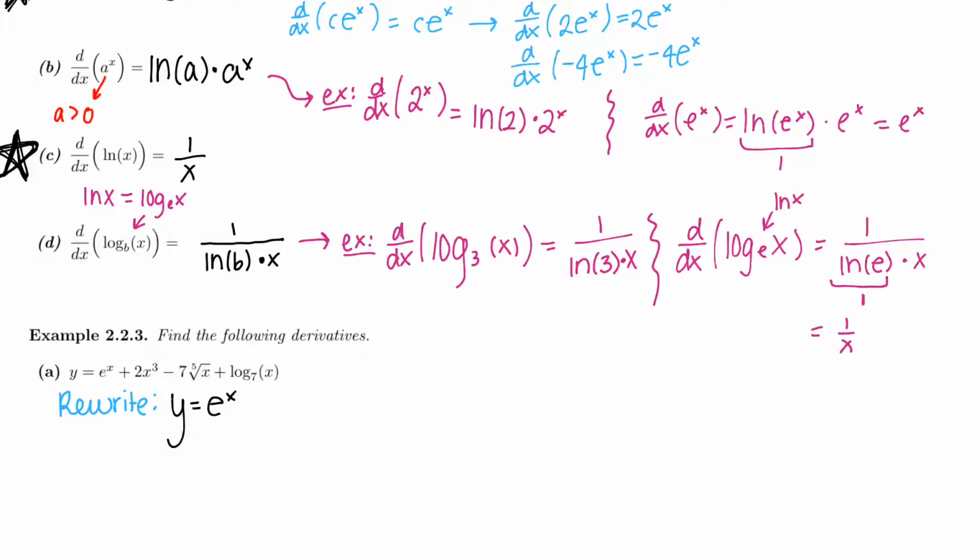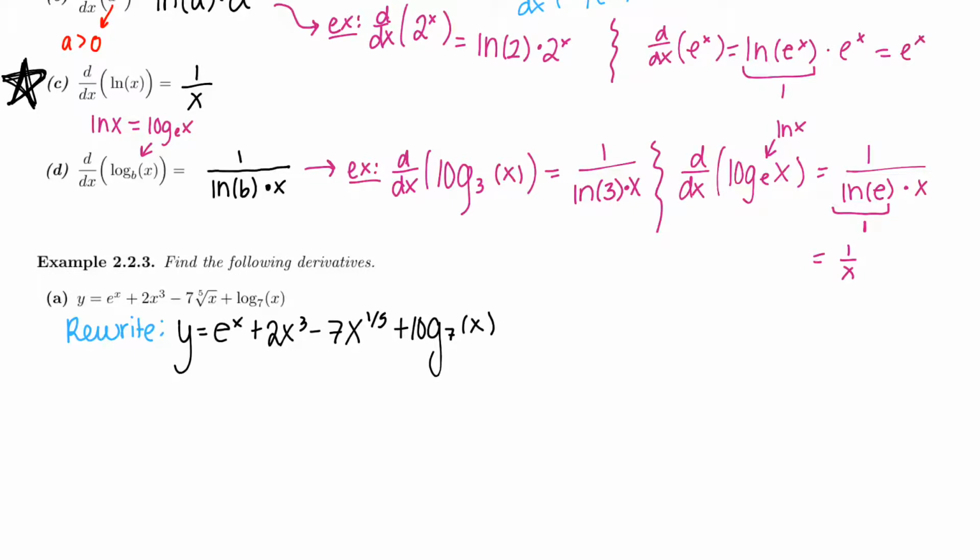So we have e to the x plus 2x cubed, I don't need to change those, minus 7 times x to the 1/5 power, since the fifth root of x is x to the 1/5 power, plus log base 7 of x. Then we're good to differentiate.